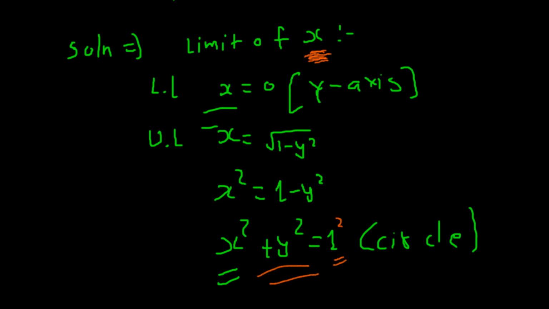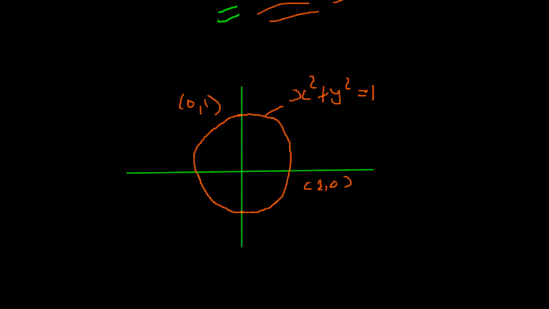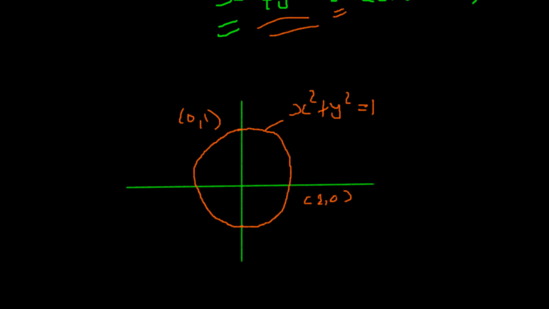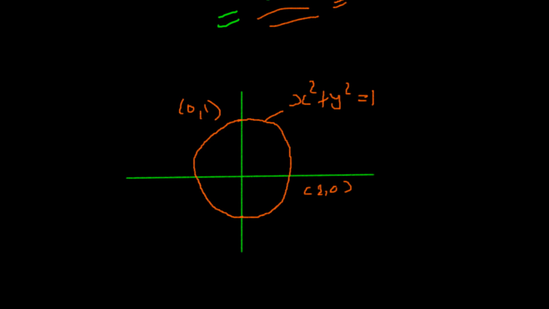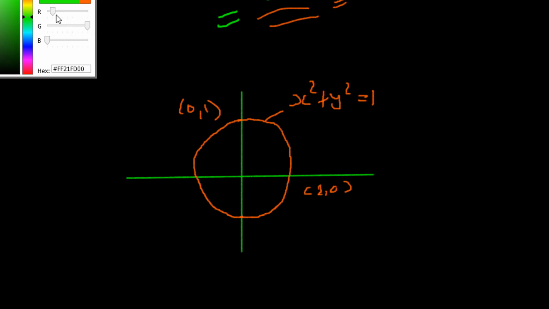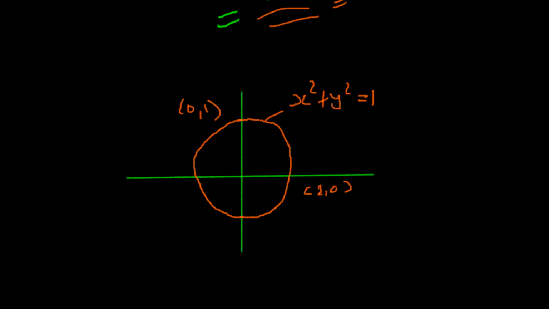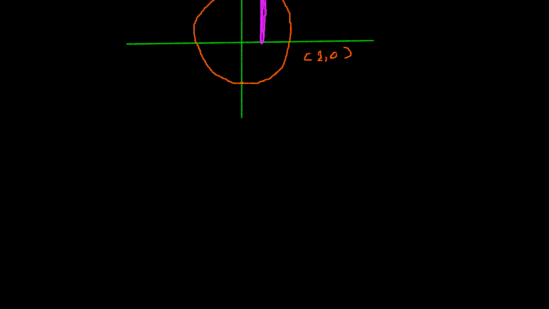If we use the limit of x here, then we are going to make the strip just opposite. We are going to make the strip on y. That means we are going to take limits on y first.